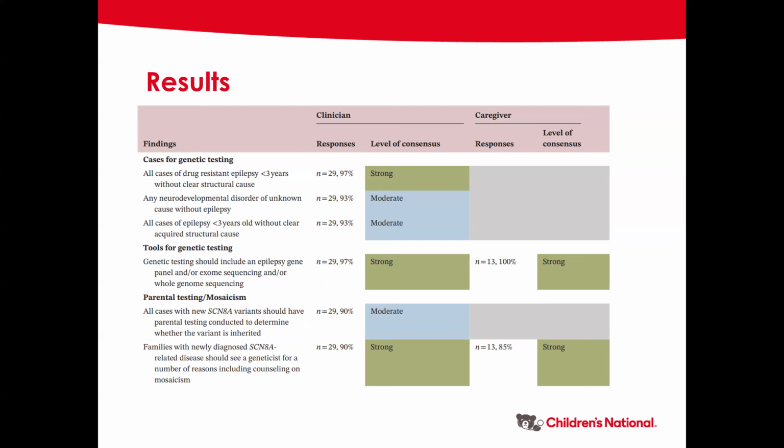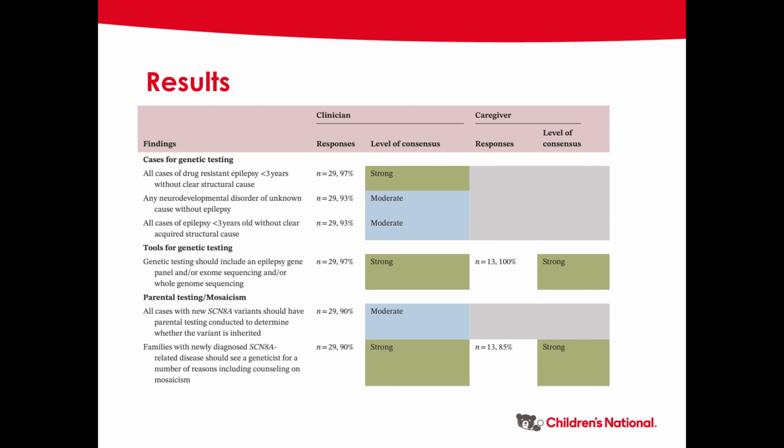You can see here, I won't highlight everything, but clinicians felt strongly that all cases with drug-resistant epilepsy under 3 years of age without a clear structural cause warranted genetic testing. There was moderate agreement that any neurodevelopmental disorder without epilepsy, and then all cases of epilepsy without a clear structural cause, even if it wasn't drug resistant, warranted genetic testing.